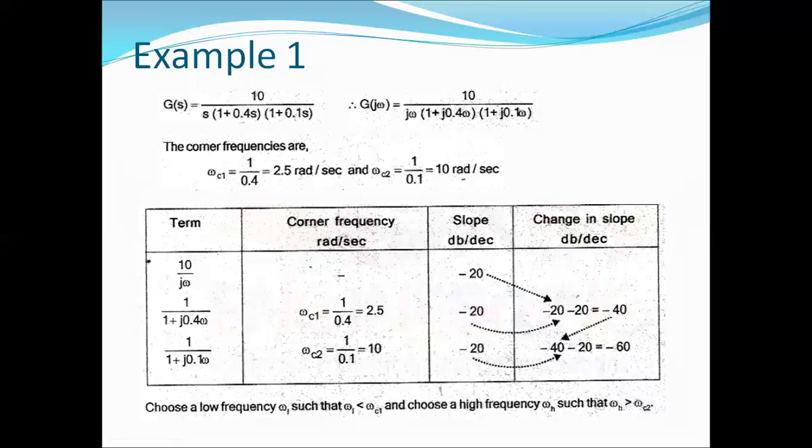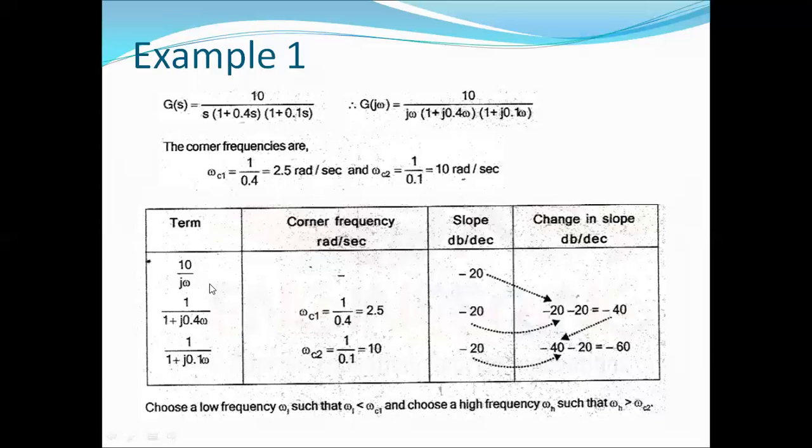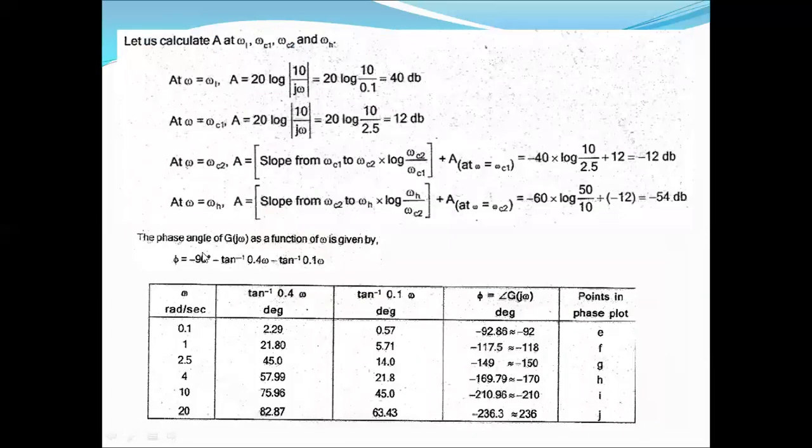So once you have the frequencies, the next step is to find the corresponding magnitude. Okay, for the lowest frequency, you can use the first term, 10 divided by j omega, to find the magnitude.